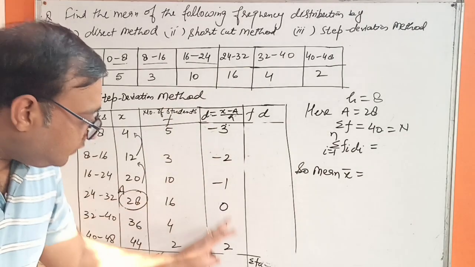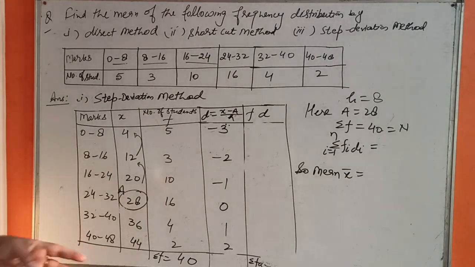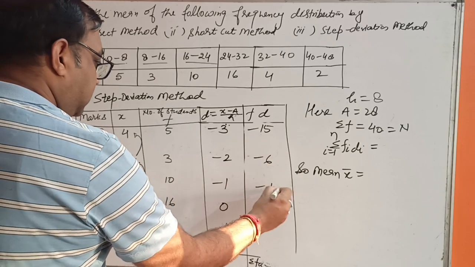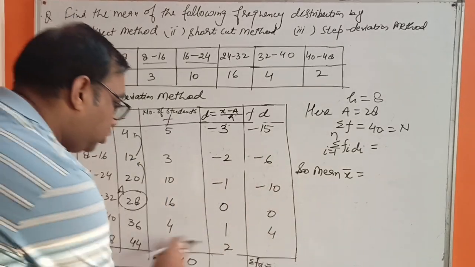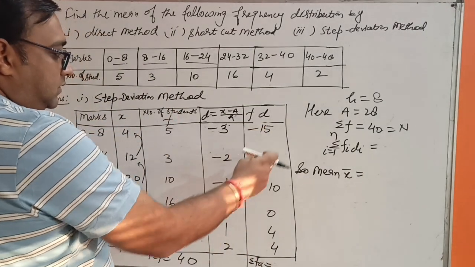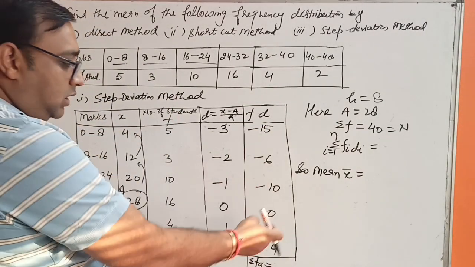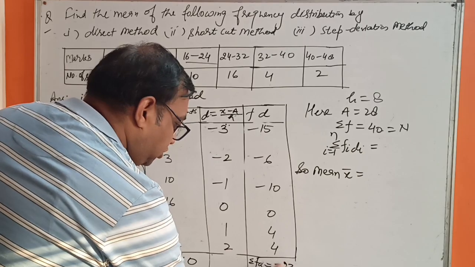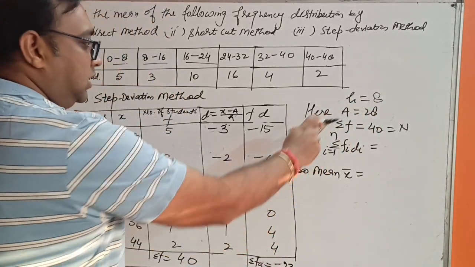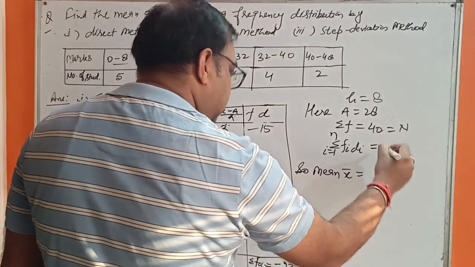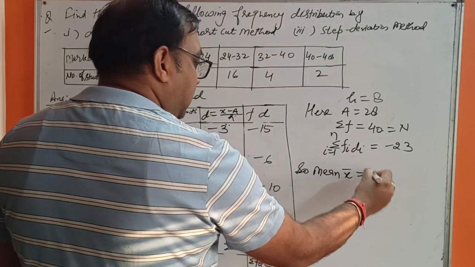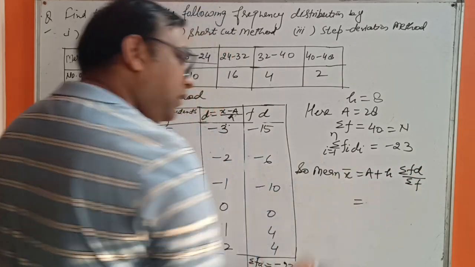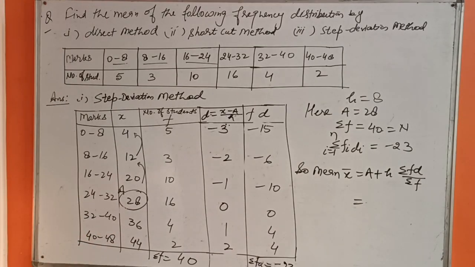Now the D is very small, so you can easily calculate FD: minus 15, minus 6, minus 21, then minus 10, minus 31, plus 8, that is, I think, minus 23. So here h is 8, A is 28, sigma F is 40 and sigma FD is minus 23. So mean is A plus h sigma FD upon sigma F. This formula can be written simply by removing i.